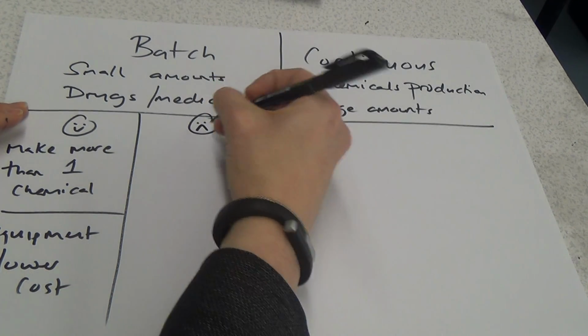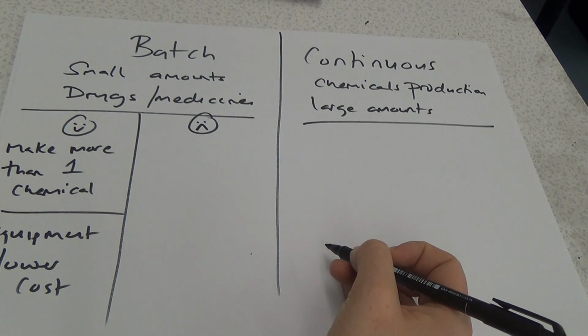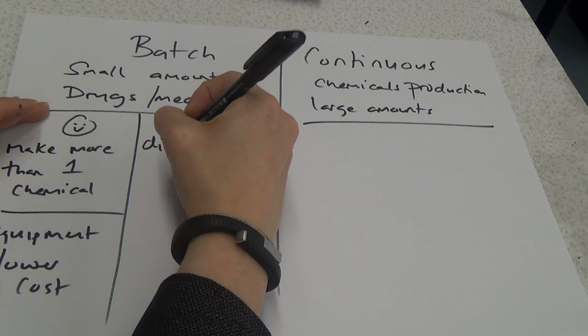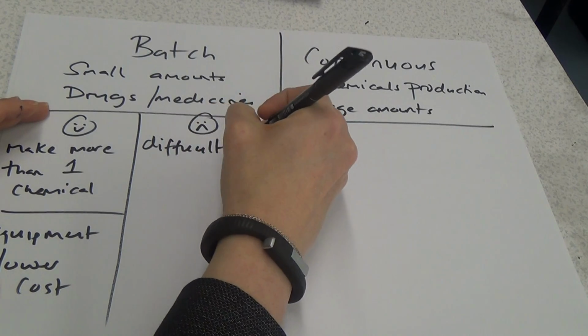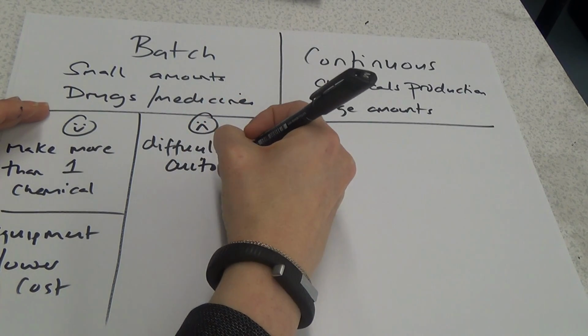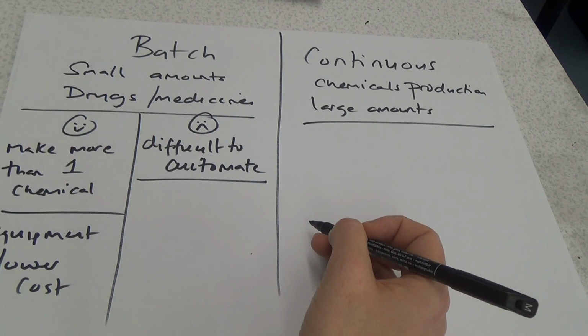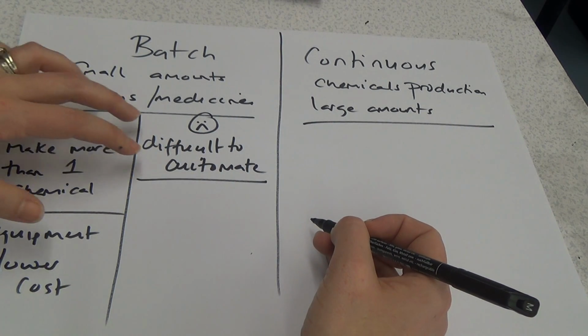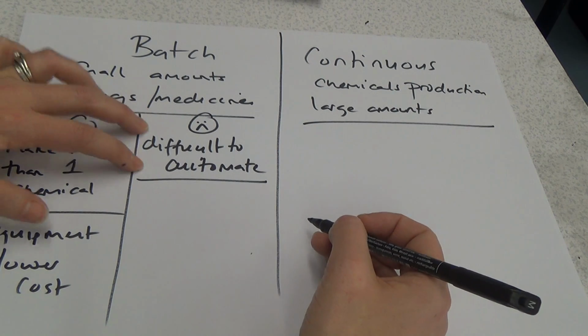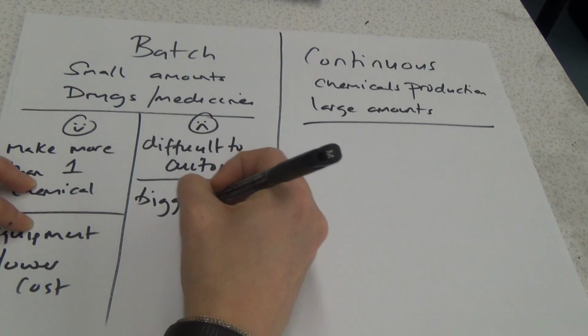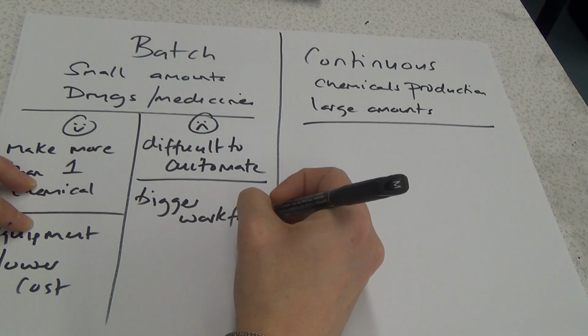But like with everything, there are disadvantages, there are negatives. When it comes to batch, it's very difficult to automate. What automate means is for your system to basically be run using machinery. This tends to need a much bigger workforce, so you actually need people.